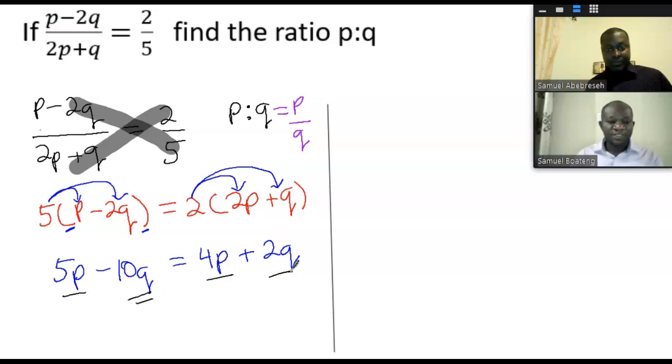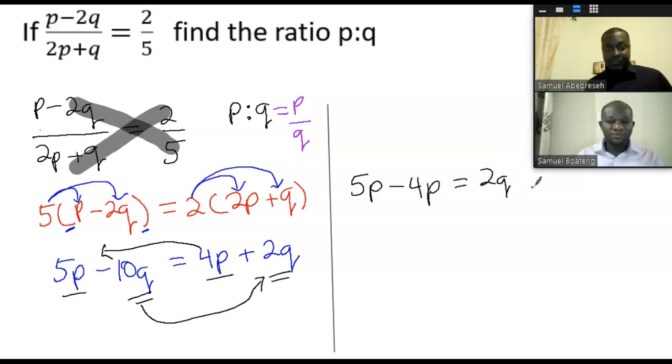First, let's bring 4p to 5p, then send 10q to 2q. So we have 5p minus 4p equal to 2q plus 10q. So 5p minus 4p will give you p, equal to 2q plus 10q, which gives 12q.